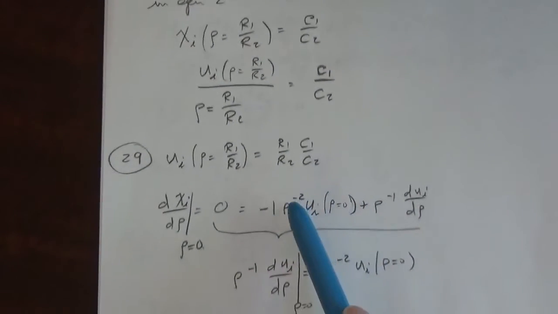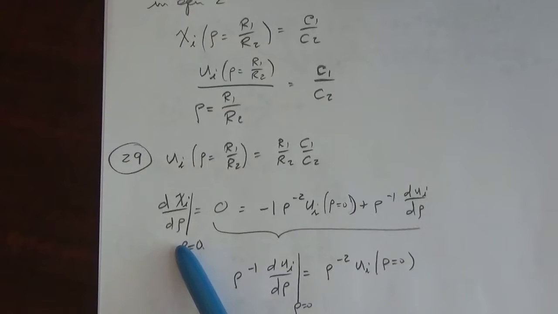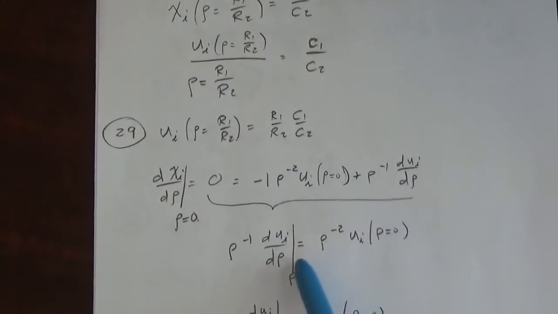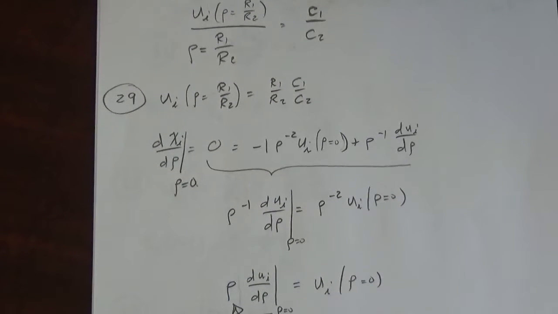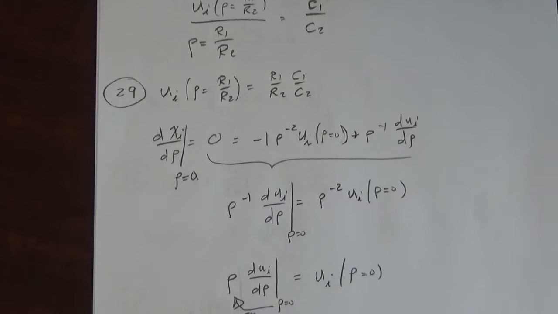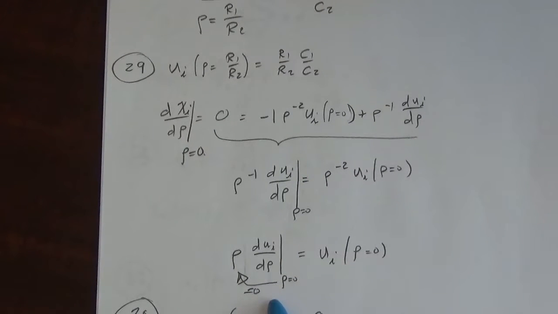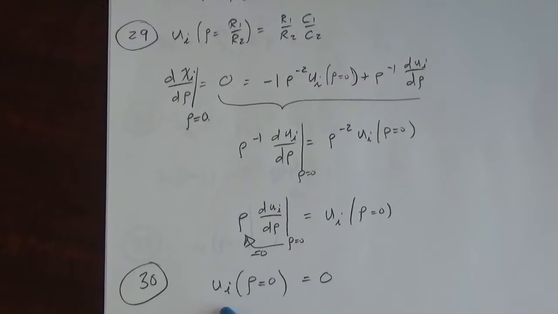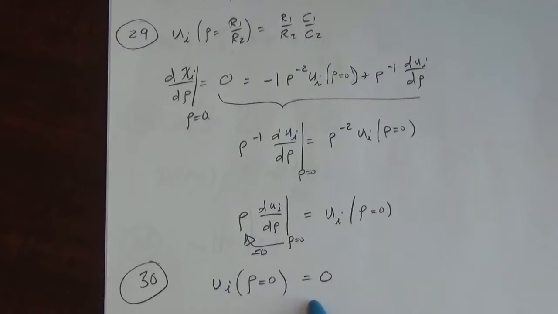And then the other boundary condition, the derivative: substituting in for the derivatives, and recognizing that we're interested in the case where rho is equal to 0, and we've got a 1 over rho there, which becomes rho equal to 0. We now have u sub I at rho equals 0 is equal to 0. So now our boundaries are not in terms of derivatives, but just in terms of values.